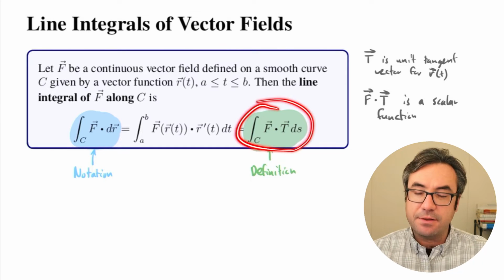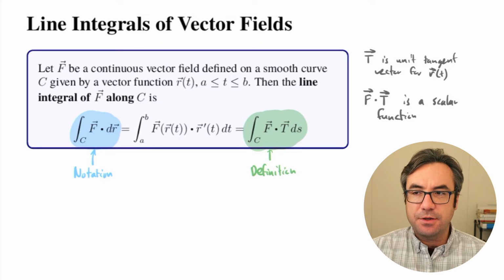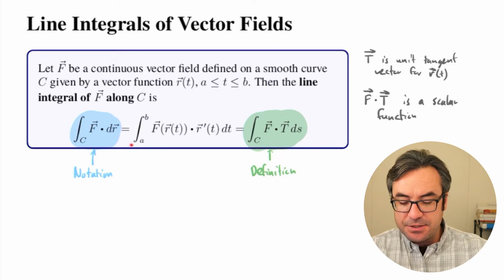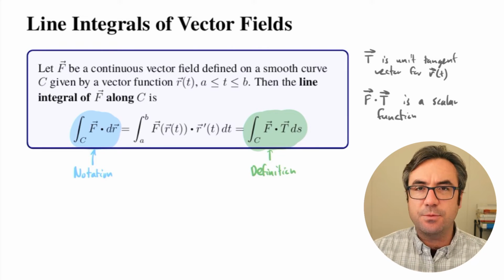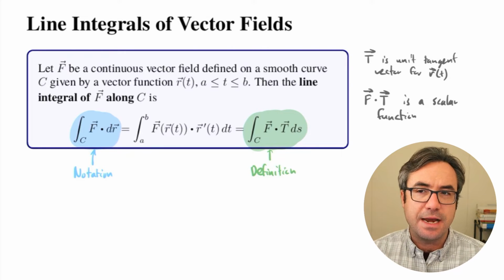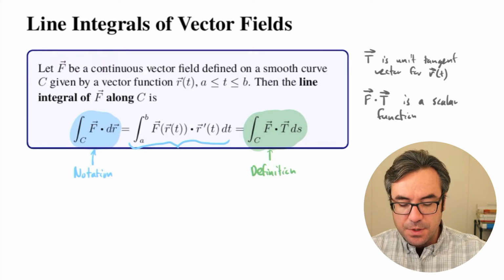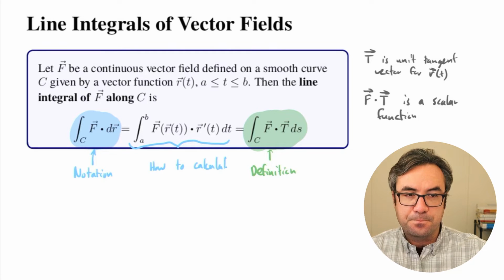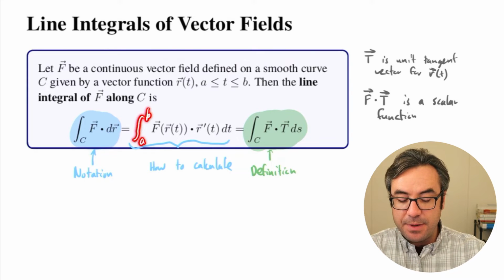Now we could calculate it like this, but generally how we're actually going to calculate this is using a definite integral, just like we did with regular line integrals. So the middle part here, this is how to calculate. All right, so we're going to write this line integral as a definite integral from a to b.